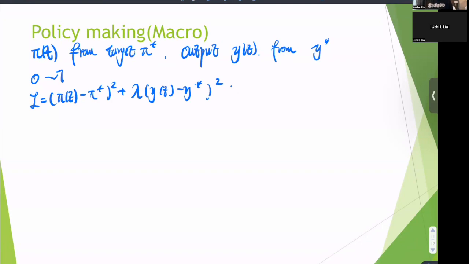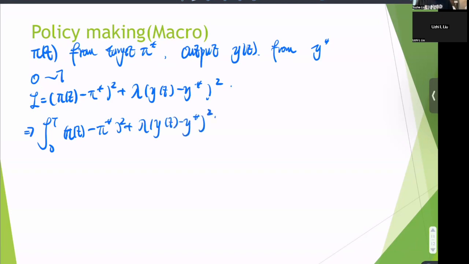Now we have a Lagrange equation, and we just need to turn this into a functional. And since we're making monetary policies, we have to make our function subject to the Phillips curve.